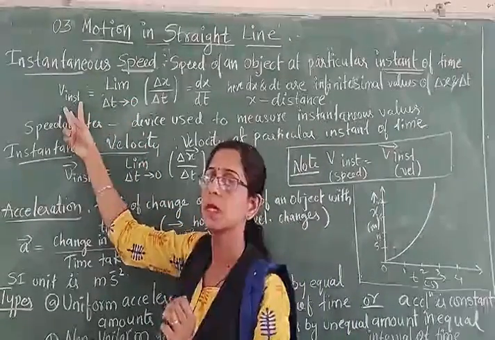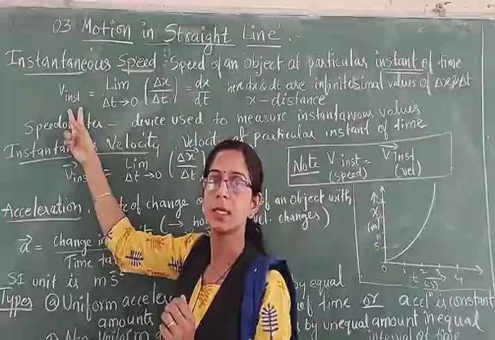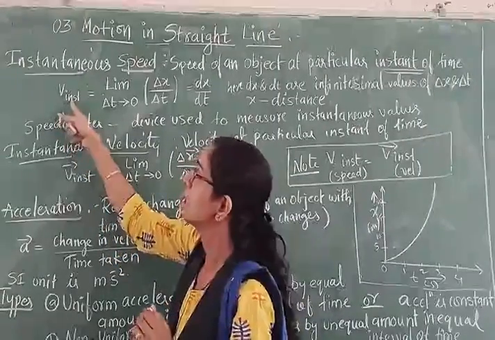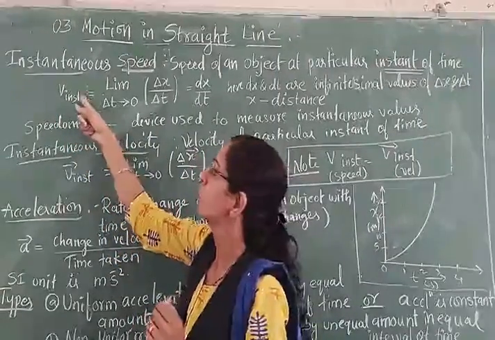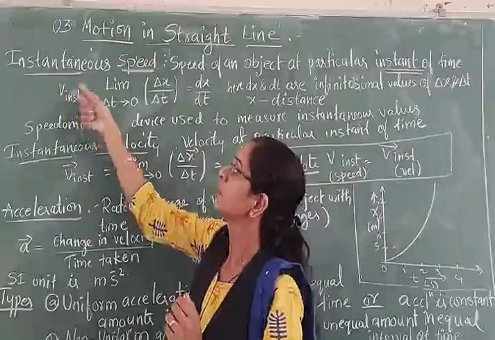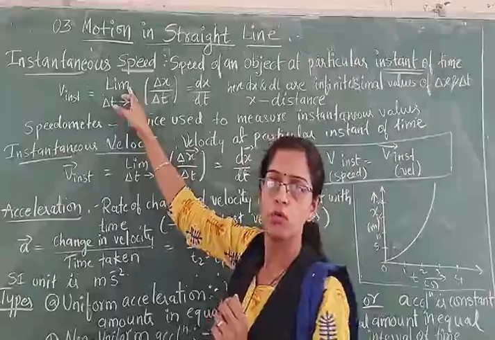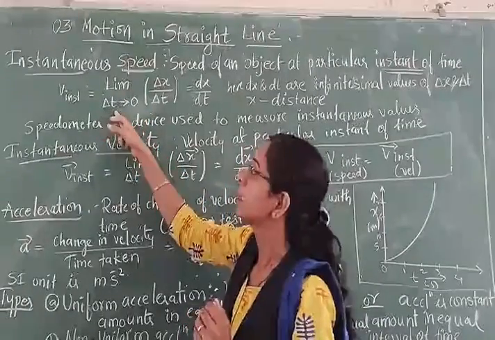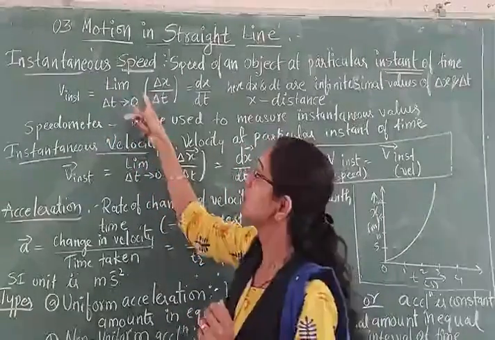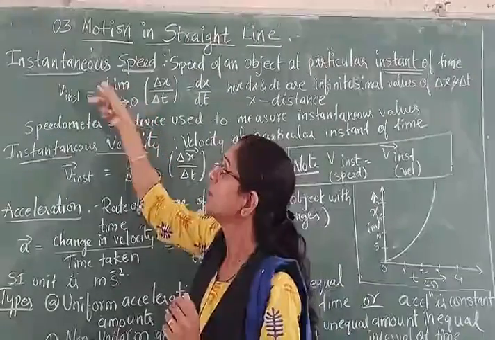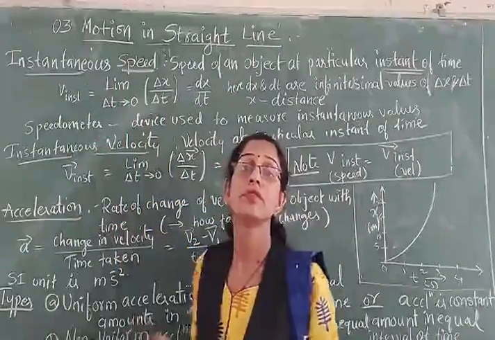Here it is a speed, and that speed is instantaneous. So I have used the notation inst. V inst will give you the instantaneous speed value. It is given by the limit of delta t tending to 0.